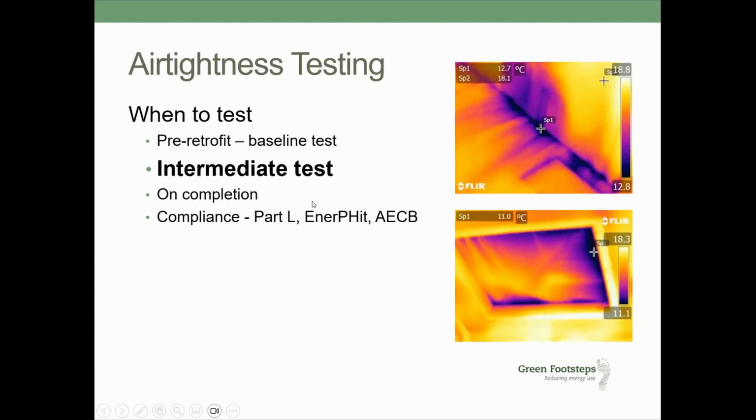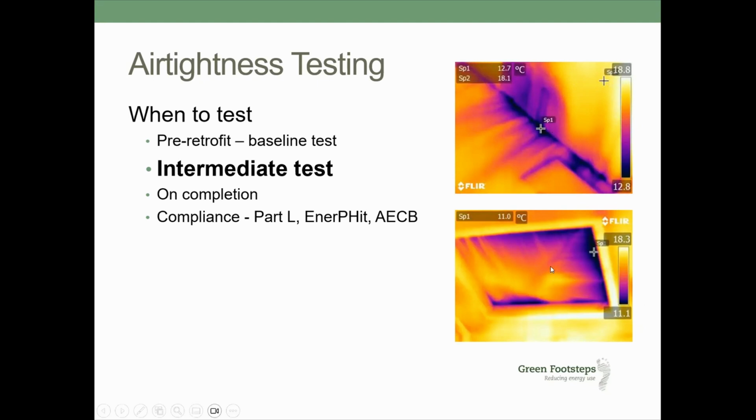The intermediate test, as I say, is the most important one that we're looking at. I've just got a couple of examples here of where we've got residual leakage. Here we've got a wall floor junction where we've not got any treatment on that junction, so air is just leaking through. The plaster's stopping short of the floor, and really that needs taping. Again, it depends on what standard you're aiming for.